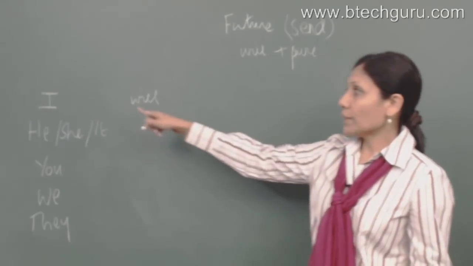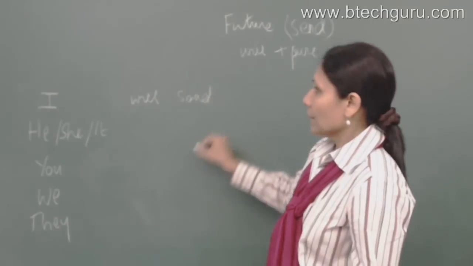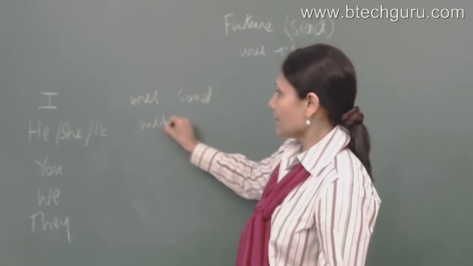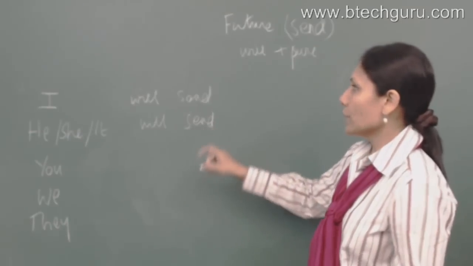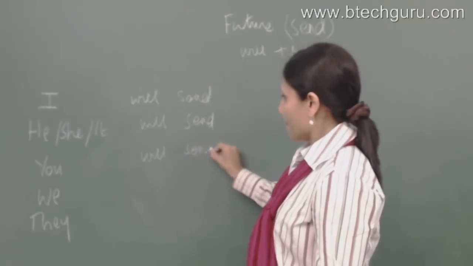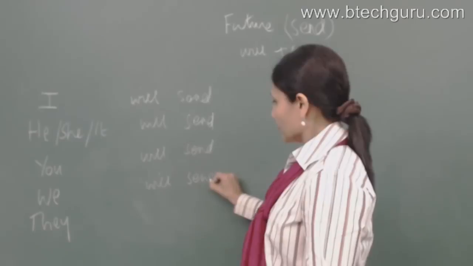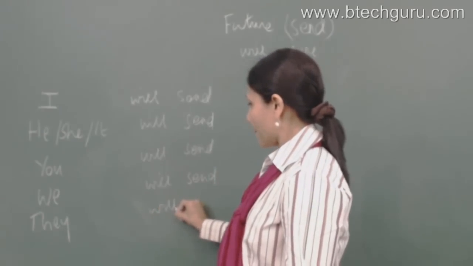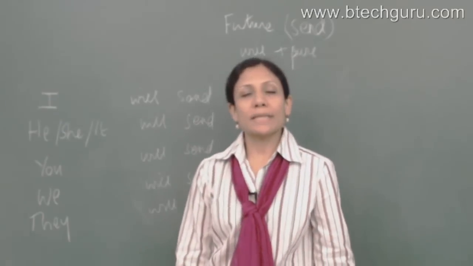So let us start with the subject I. I will send, he will send, she will send, it will send, you will send, we will send, and they will send.